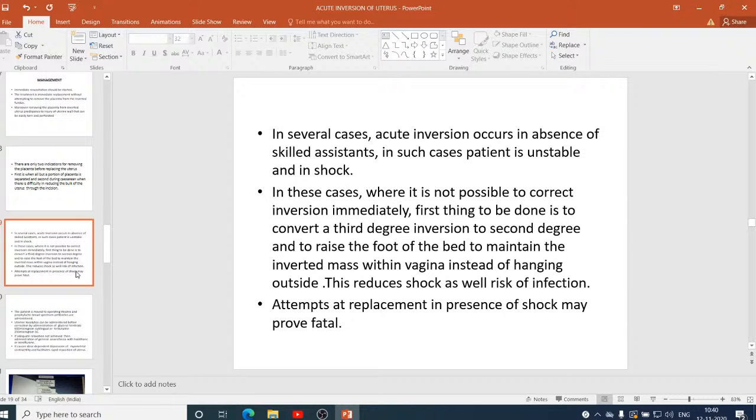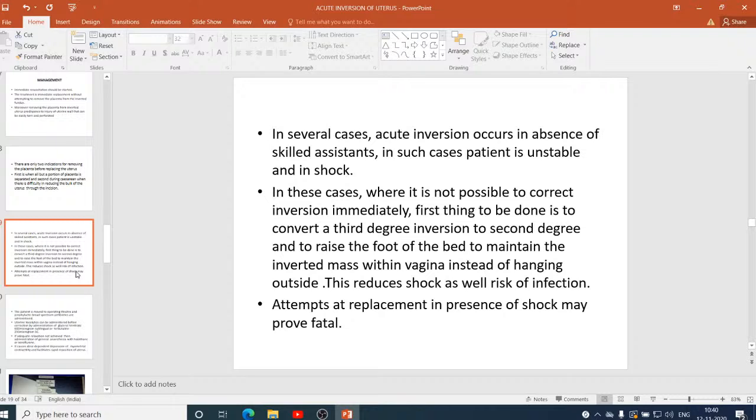In many cases, acute inversion usually occurs in the absence of skilled assistance. In such cases, if immediate identification and correction of the uterine inversion is not done, it results in the patient becoming unstable and ultimately going into shock.